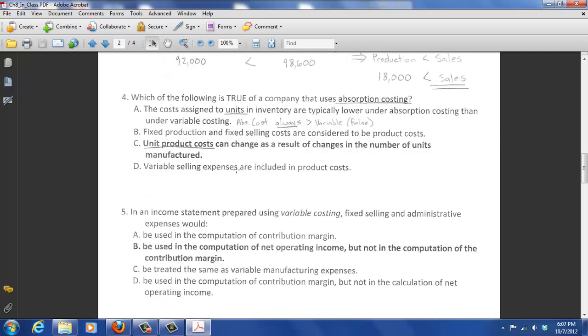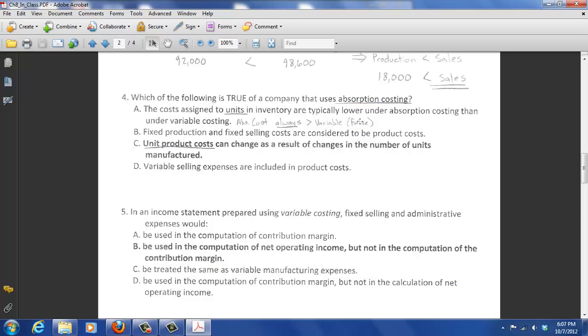Moving on to number 4. Which of the following is true of a company that uses absorption cost? And just going through a few of the answers. A, the costs assigned to units in inventory are typically lower under absorption costing.